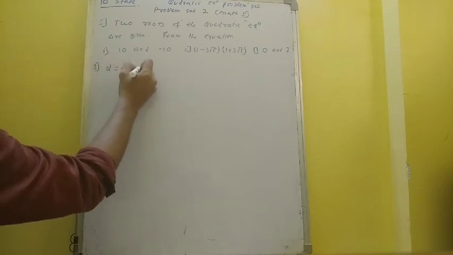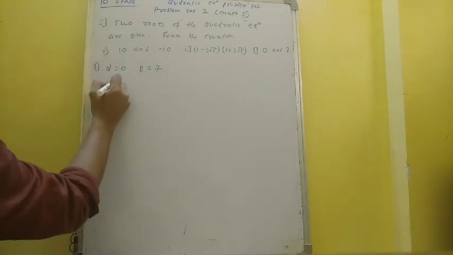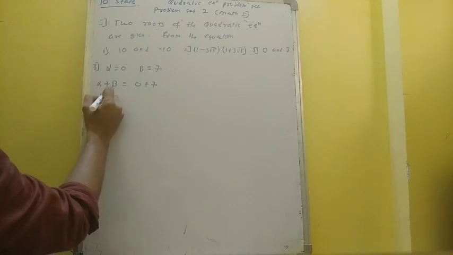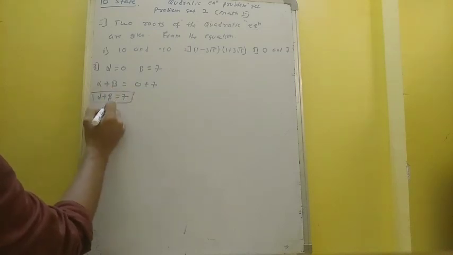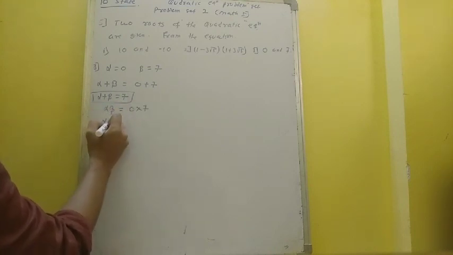as 0 and beta as 7. Okay, so for the sum of the roots, 0 plus 7, so we have 7. Product of the roots, that is 0 into 7. Any number multiplied by 0 is 0.